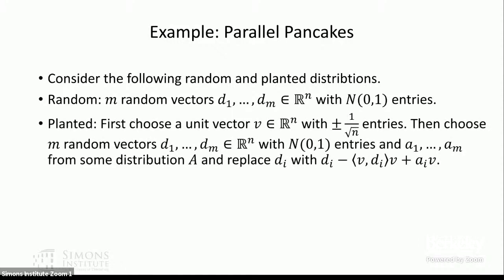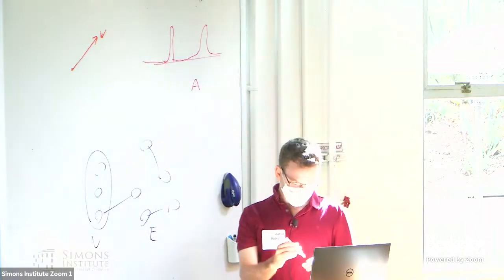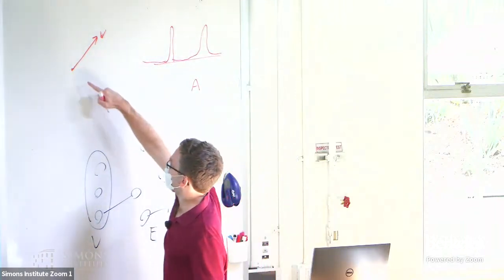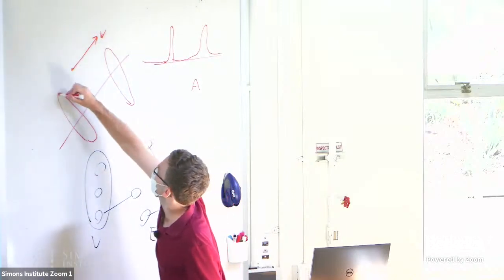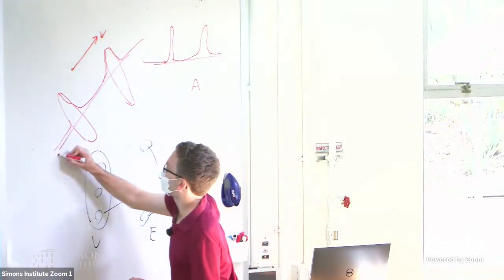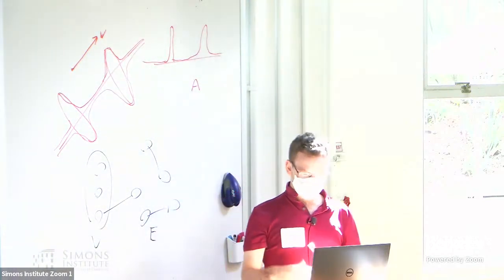In the planted distribution, we'll first choose a hidden direction v, and there'll also be some distribution A. And then we'll choose our m vectors so that orthogonal to v, they're nice and Gaussian, and in the direction v, they're distributed according to A.